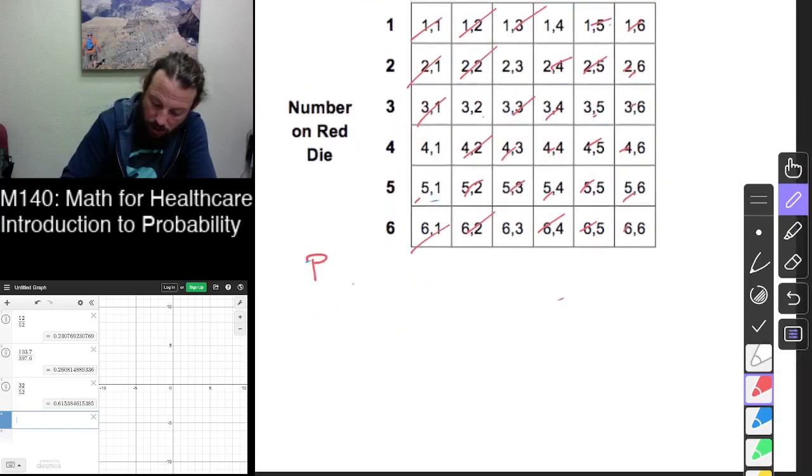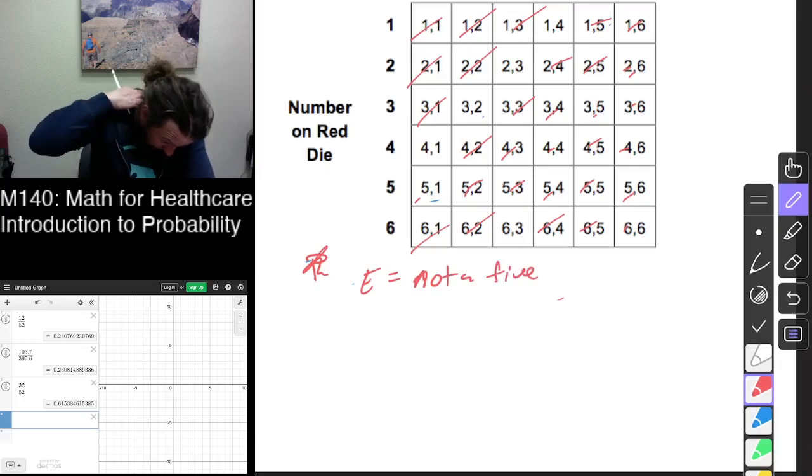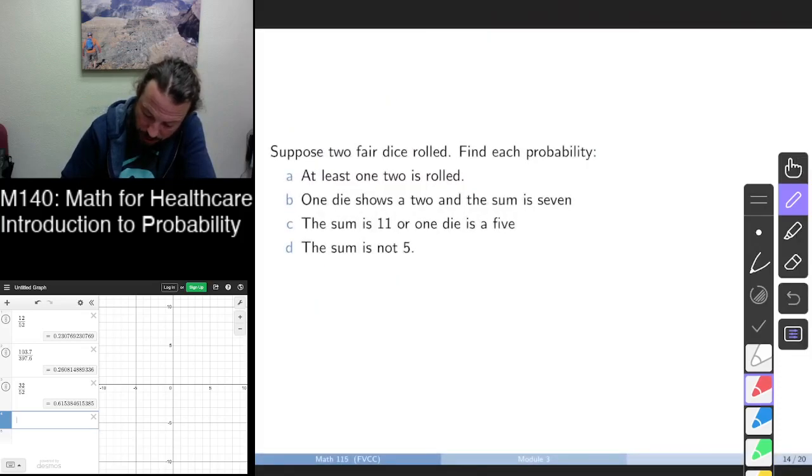The probability, let's say E equals not a 5. So that is what I want: the sum is not 5.